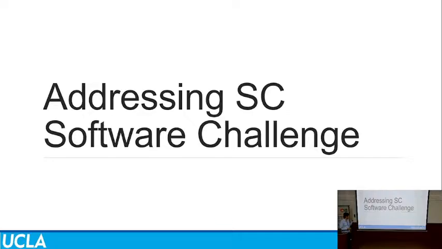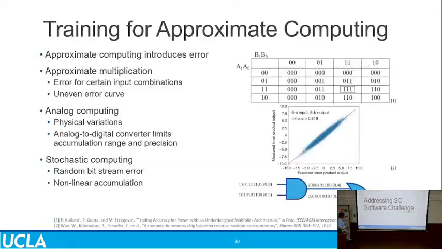So the next challenge, which I have so far glossed over, is the software side of SC, or in general approximate computing. When I look at machine learning models, our mental picture is I'll plug a model from Hugging Face, maybe I will run a quantization in PyTorch, and I'm ready to go.